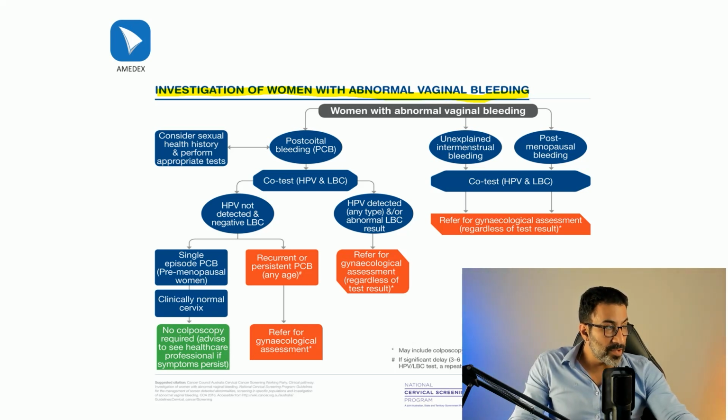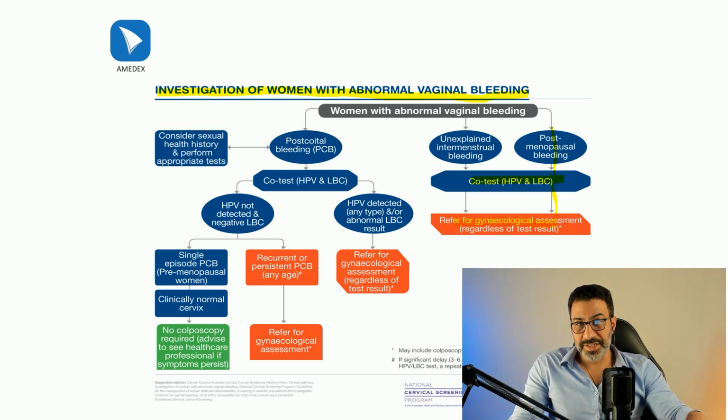For postmenopausal bleeding, we do the test and we refer to gynecologists regardless of the test results. If the results are negative, we refer. If the test results are positive, we still refer. So why do we do the test if the results are not going to impact the referral?